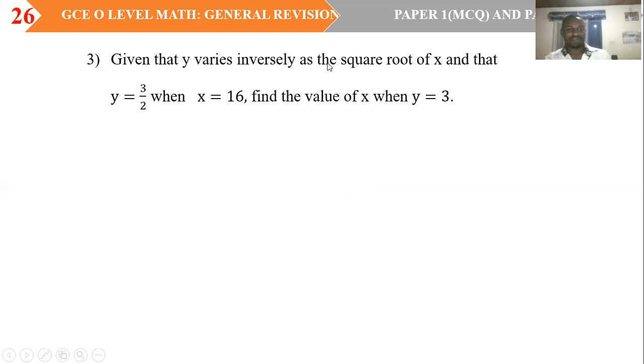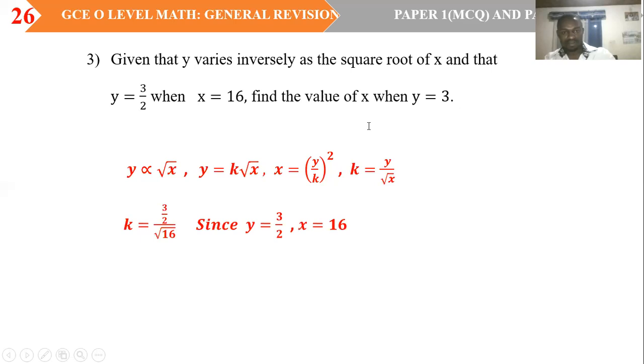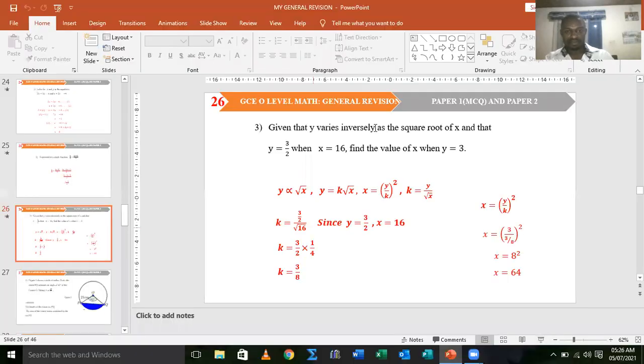Given that y varies inversely as the square root of x and that y is equal to 3 over 2 when x is 16, find the value of x when y is 3. This statement, y varies inversely as the square root of x, there is an omission here.